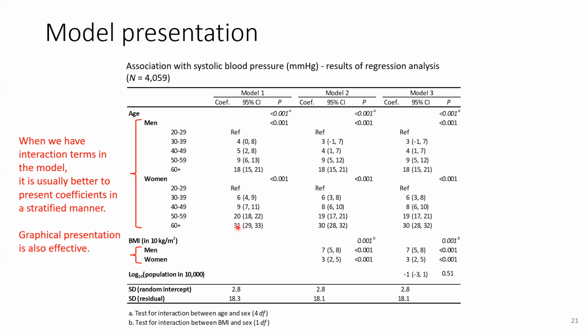Instead of showing estimated coefficient for men and interaction term between age and sex. And the same thing, here I present BMI for men and women. And we can also utilize a graph to present the same data.